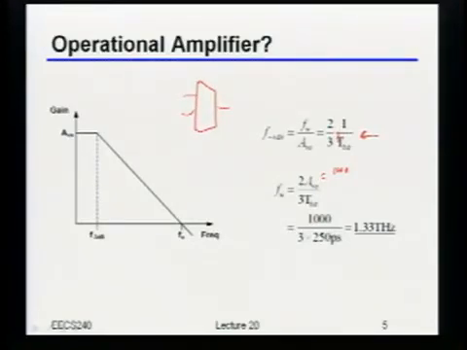So I need a gain of 1,000 and 3 point something gigahertz. Actually, maybe I lost a factor of 2 here, it's double that. So it turns out I need a bandwidth of 2.66 terahertz.